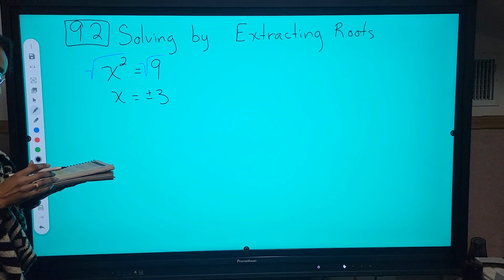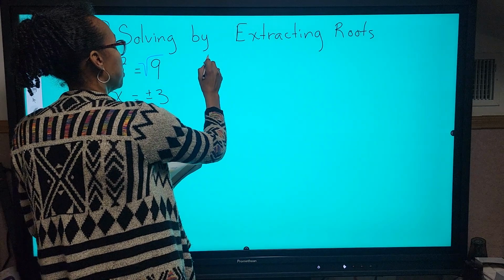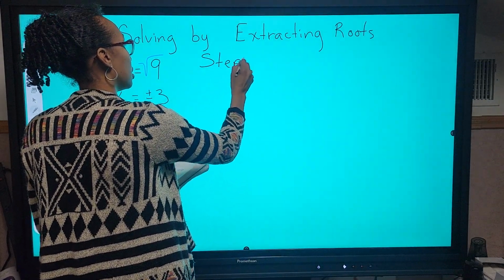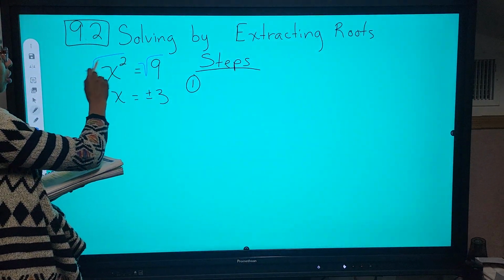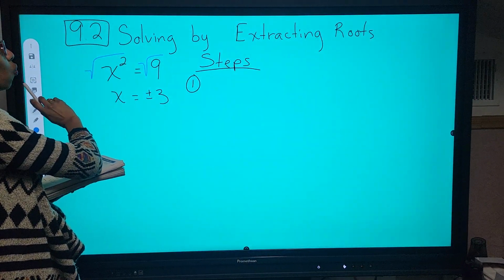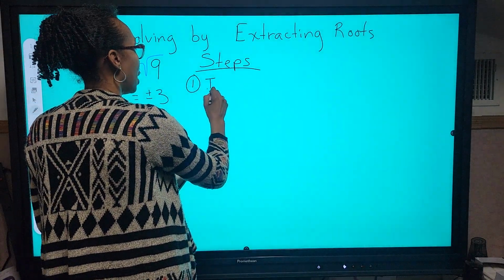Okay, so our basic process, and I'll give us the steps here. In order for us to be able to cancel out the square, we want to isolate it on one side first, or get it by itself.